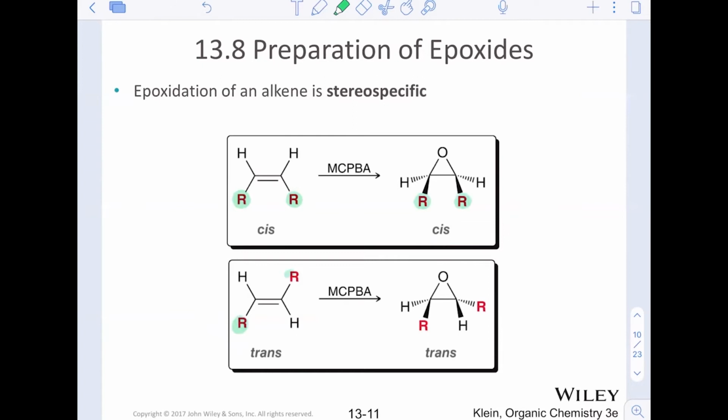If we have a trans alkene, those R groups are still trans in the product. This was to understand that concerted reaction. There was no intermediate for those curved arrows that we learned. And so it's really important to remember that in those concerted reactions, the orientation of the reactant, the alkene, will be seen in the product as well.